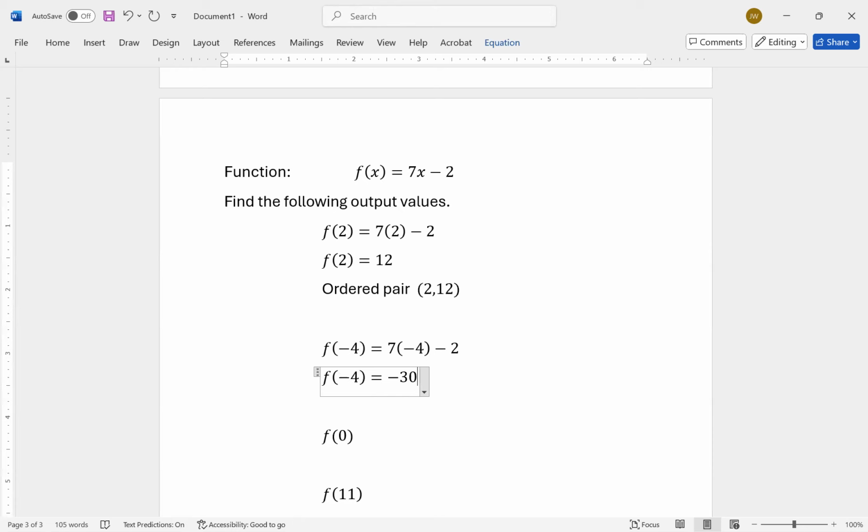And once again, that means in our notation that the ordered pair (-4, -30) is in the graph of that function.